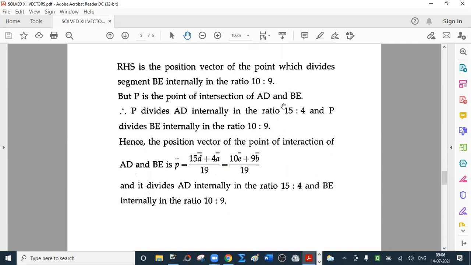But P is the point of intersection of AD and BE. So P divides AD internally in the ratio 15:4 and BE in the ratio 10:9. That's it.